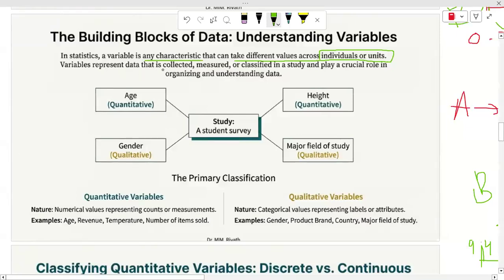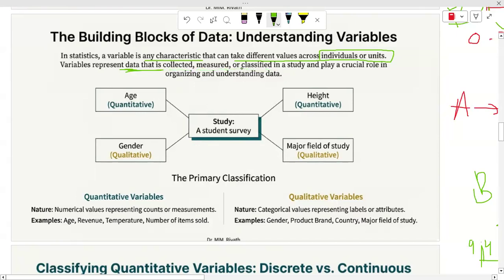Variables represent data that is collected. I collect your height, and it is collected, measured, and classified. I can classify tall and short, and I can classify you by gender.